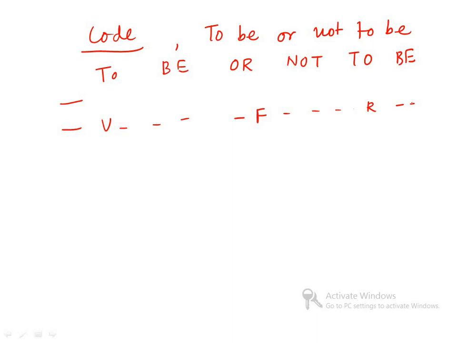Your plain text is "to be or not to be", your key is CODE, and you get a cipher of that nature. Use the Vigenere cipher, without using the table, to find out the cipher text.